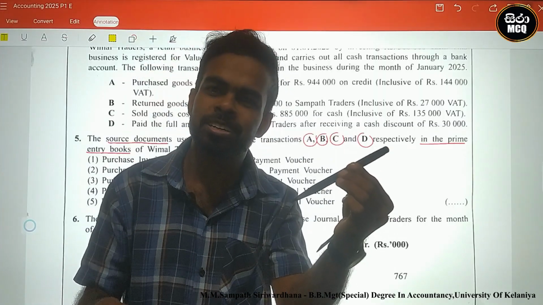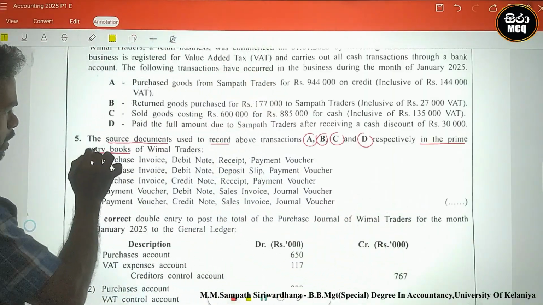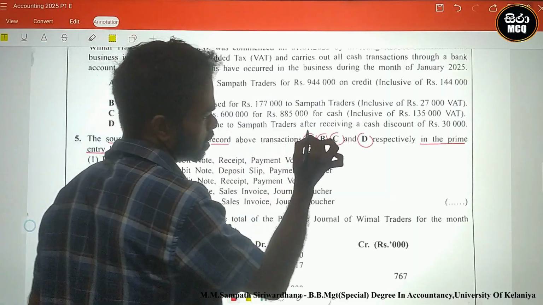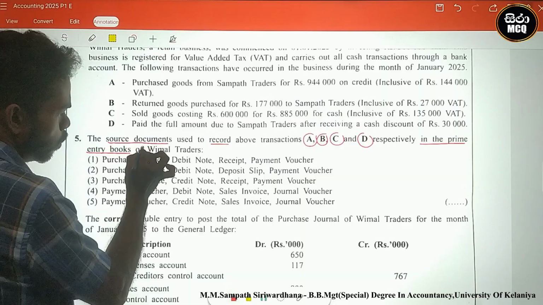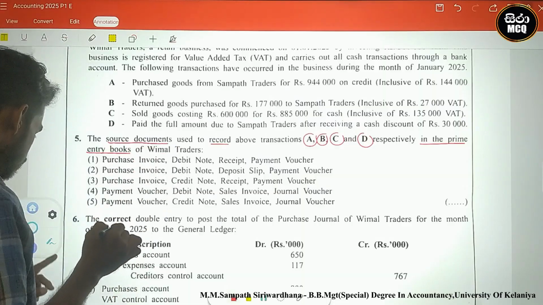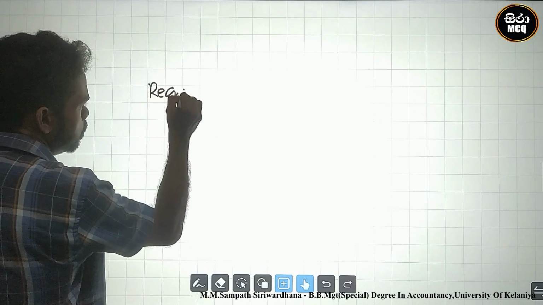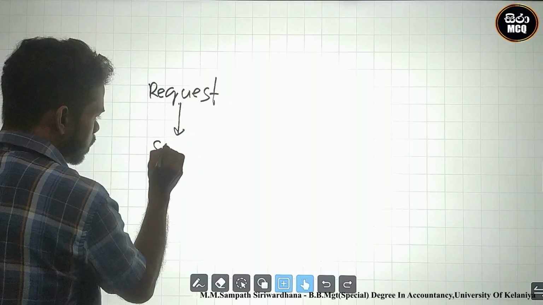The second step is what? Prime entry books, journals. What are the requirements? The source documents used to record transactions A, B, C, D respectively in the prime entry books of Vimal Traders. Look here, what is the request? Source documents.